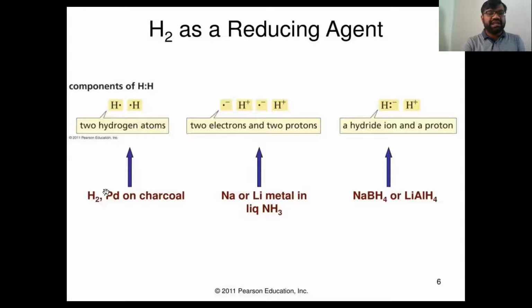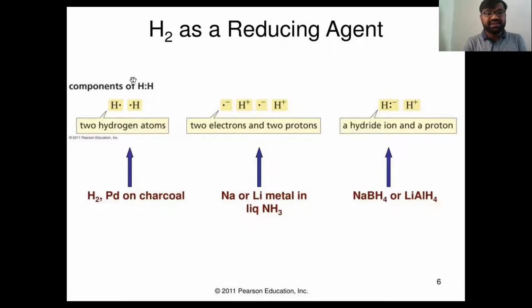If we add the hydrogen with palladium charcoal, it will act as a powerful reducing agent. Charcoal is nothing but, in Gujarati, we used to call it kolso.